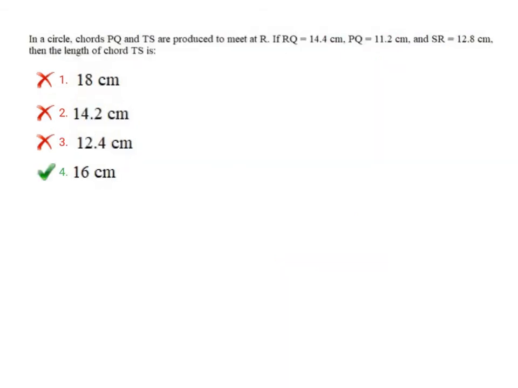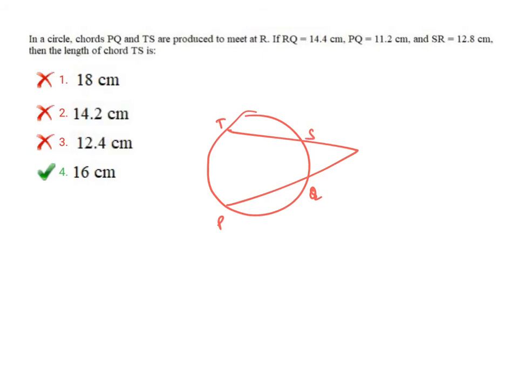In a circle, chords PQ and TS. In a circle, two chords, if you take PQ and TS, this is PQ, this one is TS, produced to meet at R. If RQ is 14.4, PQ is 11.2, SR is 12.8, let TS be X. So we know RS into RT, he's asking you TS.